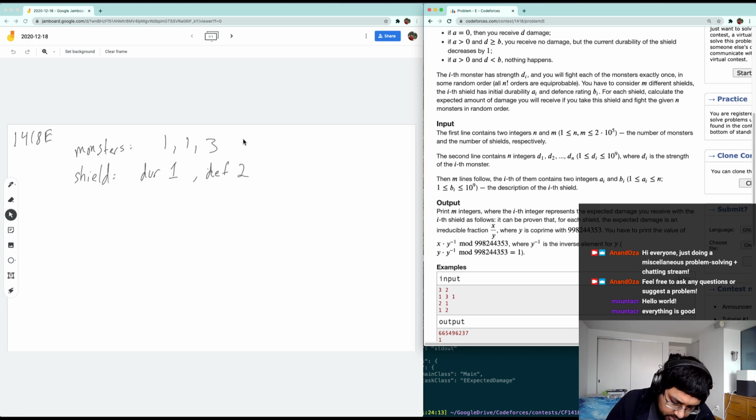So basically what we're looking at in this case is you want to permute 1, 1, 3. So you could have 1, 1, 3; 1, 3, 1; 3, 1, 1, and in this case you take 0 damage, 1 damage, and 2 damage. So the expected value is 1.